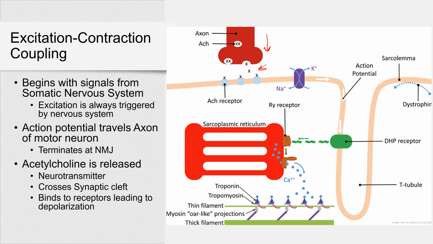That's why instead of an electrical signal, now we're moving a chemical signal, acetylcholine. But when acetylcholine attaches to its receptor and allows sodium to move in, so you can see sodium moves in, now we can generate an electrical signal in the muscle cell.